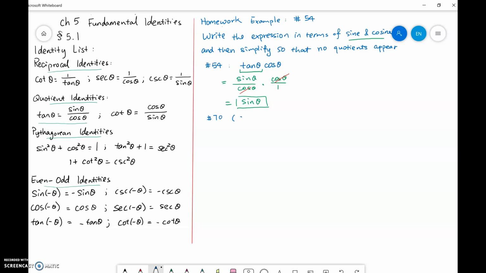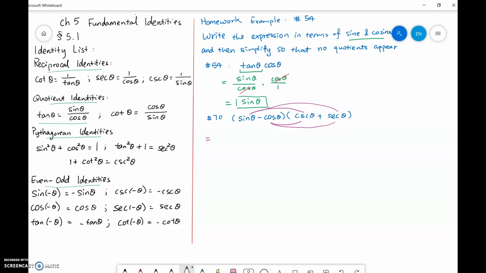Number 70 is sine of theta minus cosine of theta, multiplied by another expression, cosecant of theta plus secant of theta. So we're going to use the FOIL method. We multiply sine theta by cosecant theta, sine theta by secant theta, negative cosine theta by cosecant theta, and negative cosine theta by secant theta.